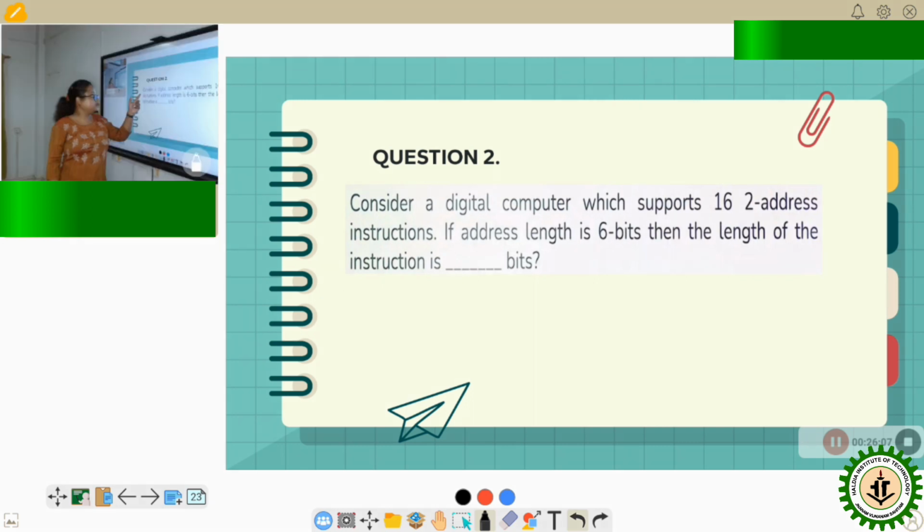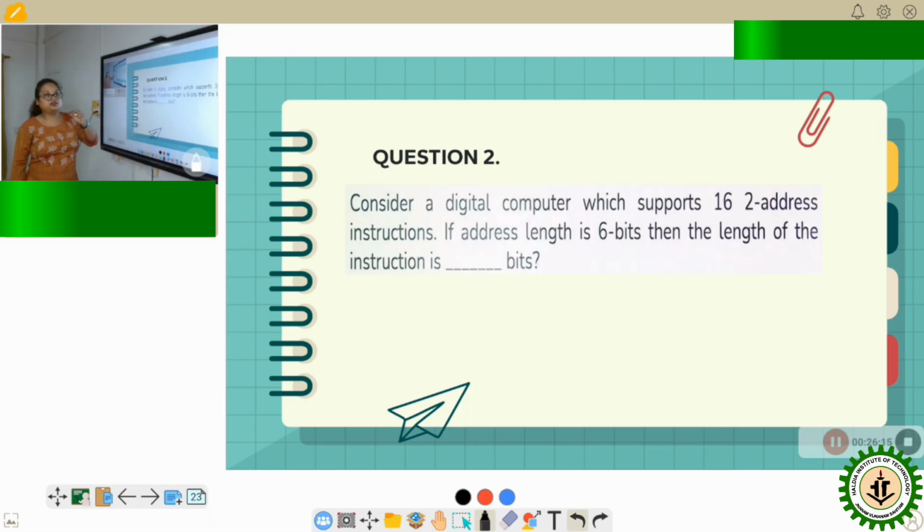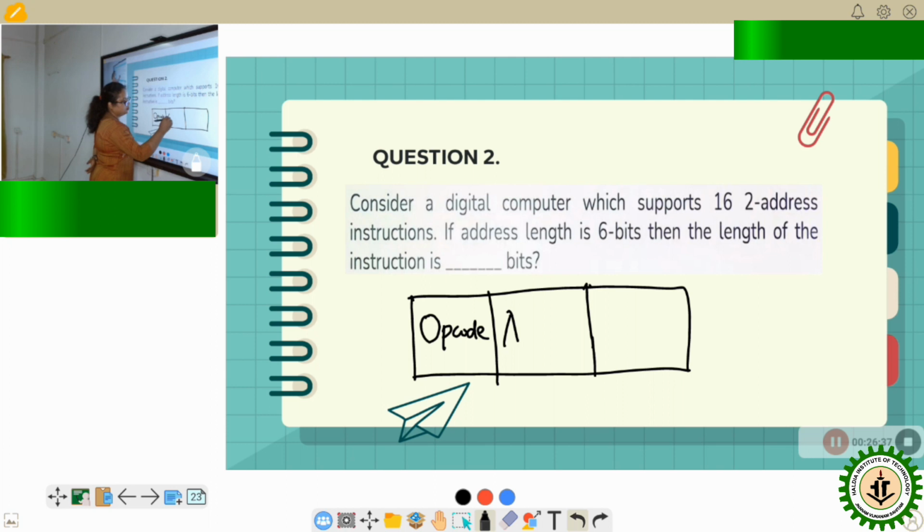In the next question, consider a digital computer which supports 16 2-address instructions. If the address length is 6 bits, then what is the length of the instruction? First of all, I have to draw the instruction format for 2 address: opcode, address 1, address 2.